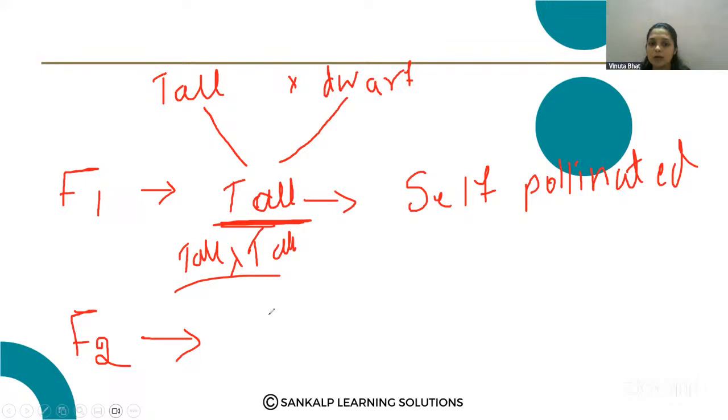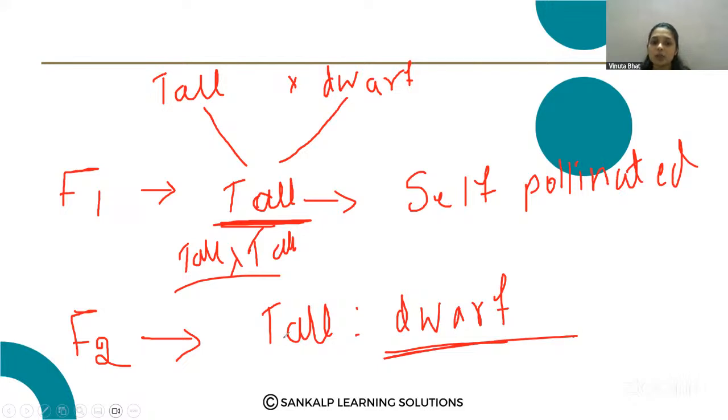He observed tall plants as well as dwarf plants. So 3/4 of the plants were tall and 1/4 of the plants were dwarf. So what is the reason behind this? In the F2 generation, 1/4 of the plants were dwarf.